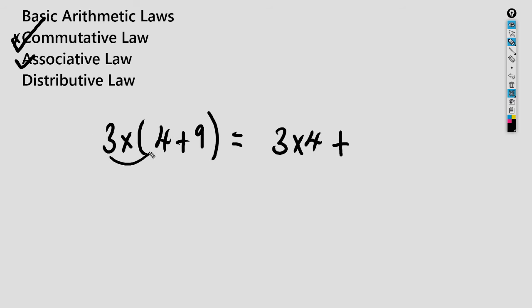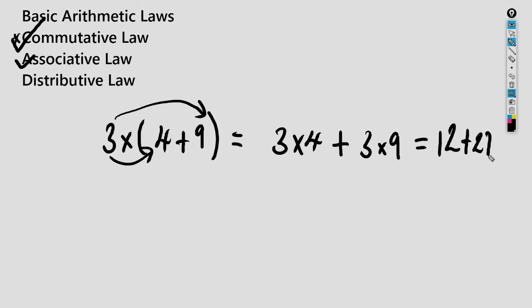So we basically multiply by both. So 3 times 4 plus 3 times 9 should be equal to 12 plus 27, and that would give us 39.